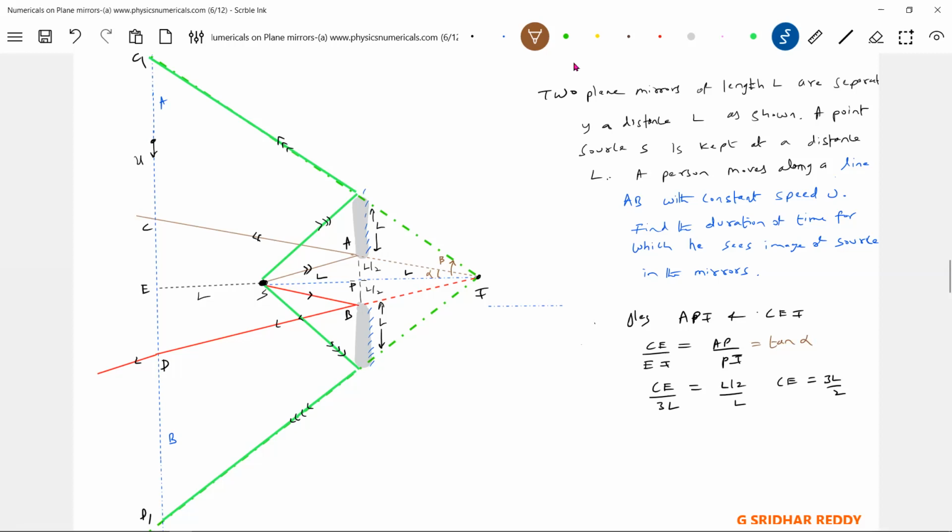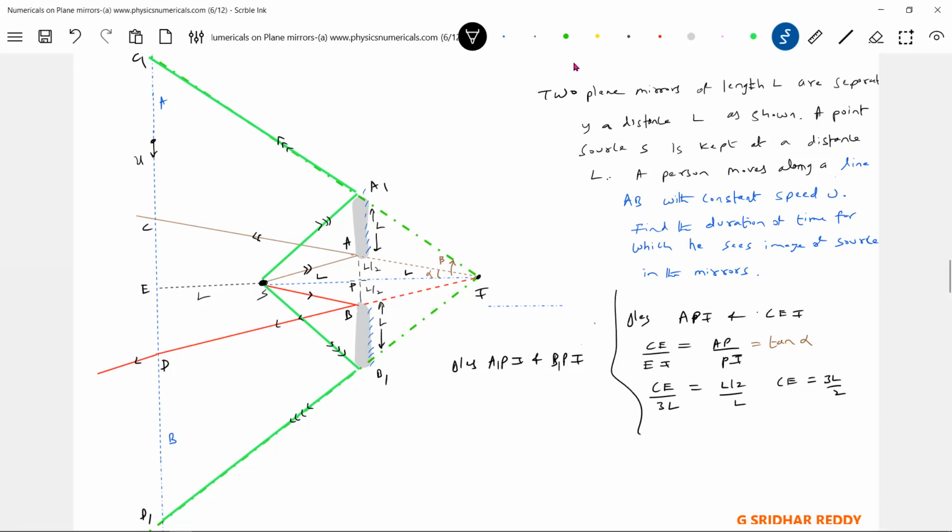Similarly, look at the similar triangles A1PI and B1PI.